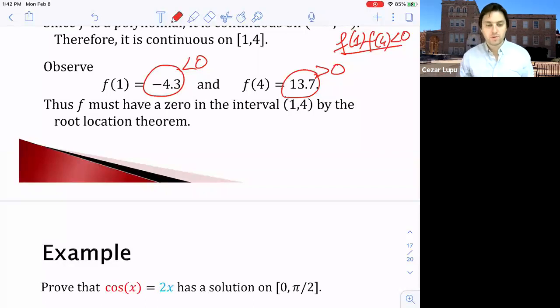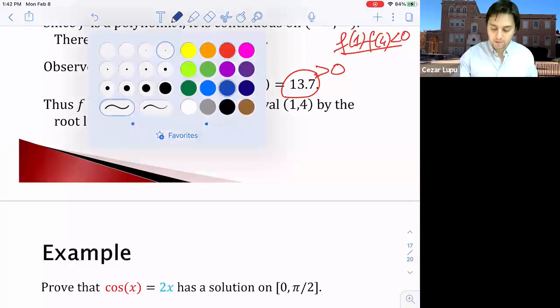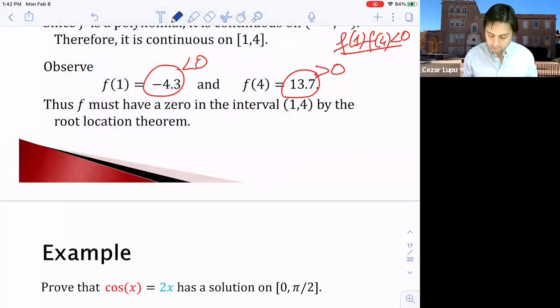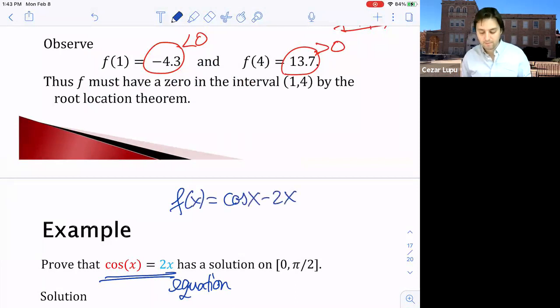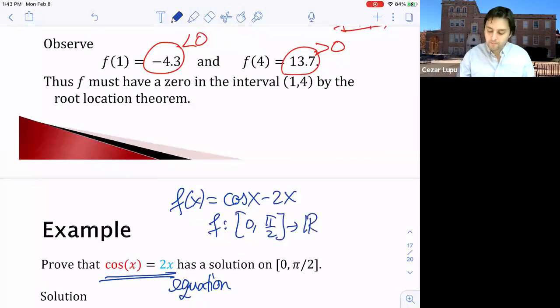Well, this is an equation, so you have to show that it has at least one solution in that interval. So you'll consider the function, let's say, f of x equals cosine of x minus 2x, right? And f will be defined on the closed interval [0, pi over 2] and real valued. And of course, this will be a continuous function.